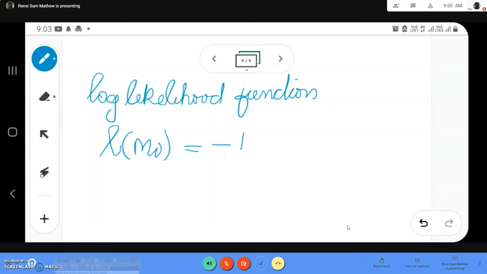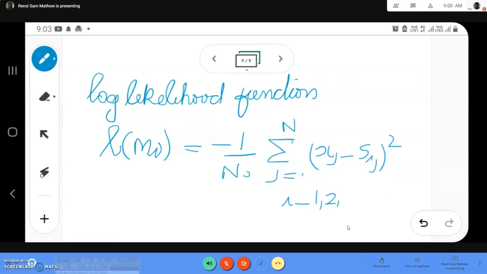It is minus 1 by n0 into summation j equal 1 to n of (xj minus sij) the whole square, where i equal 1, 2, etc. to n. And this function is used for the detection process.